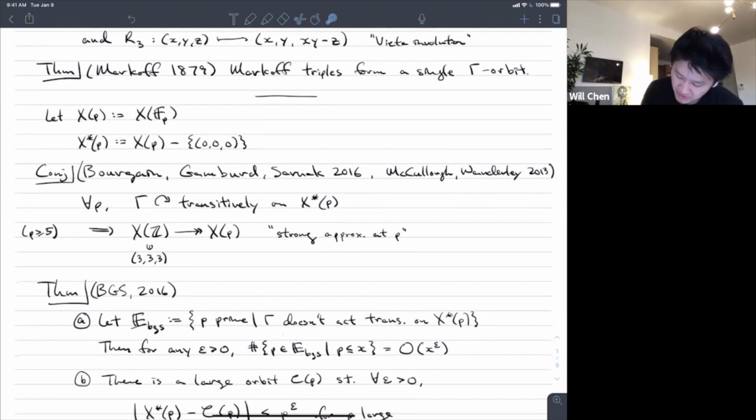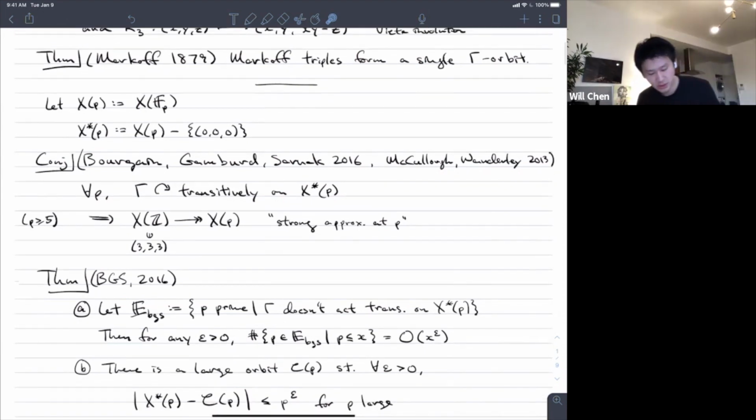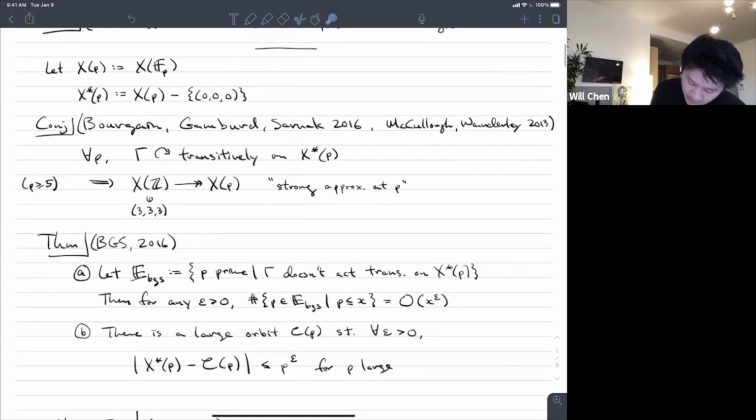But anyway, Bourgain, Gamburd, and Sarnak worked on this conjecture, and they came pretty close to proving it in an asymptotic sense. They showed two things. The first thing is, let E sub BGS, where E stands for exceptional set, be the set of all primes such that gamma doesn't act transitively on X star of P. So this is the set of primes where the conjecture fails.